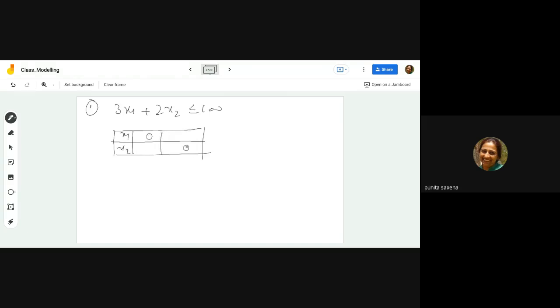What are the 2 points? When x1 is 0, how much is x2? 50.